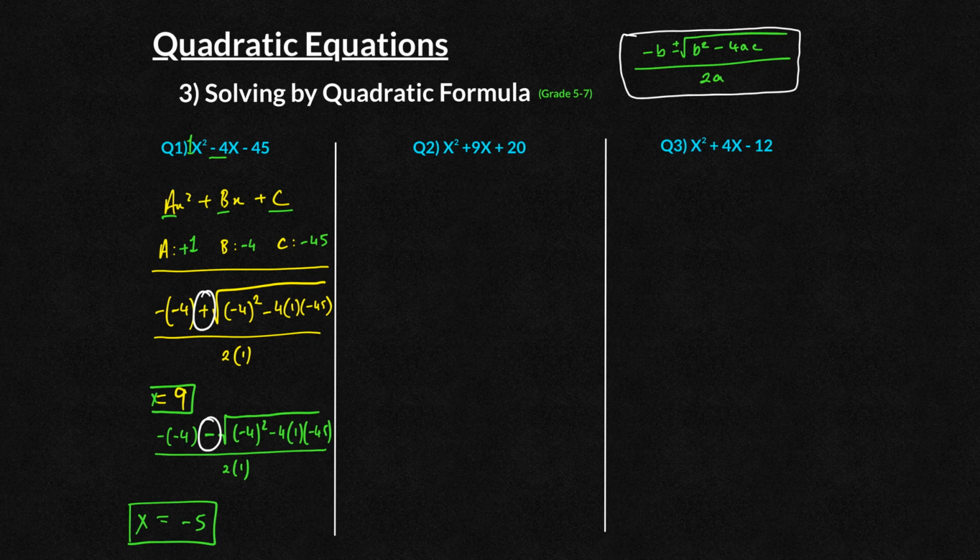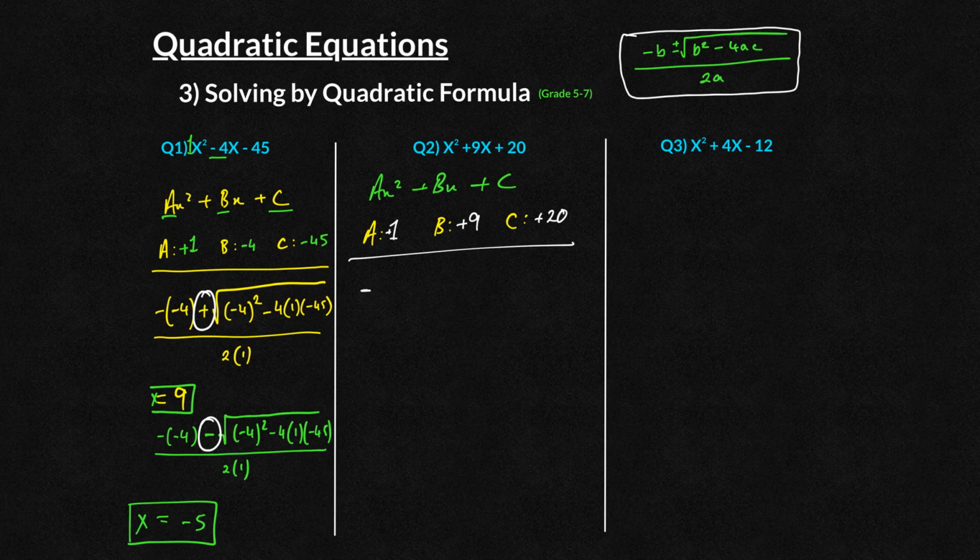Right, if we get on to question 2 now, same kind of thing. We've got ax squared plus bx plus c. Scan the quadratic and you've got a, b and c. A is positive 1, b is positive 9, and c is positive 20. So we know the quadratic formula now, so I'm going to do the positive one first again.